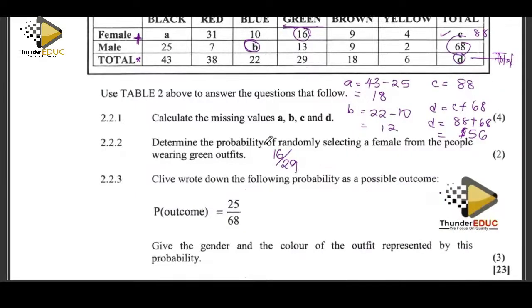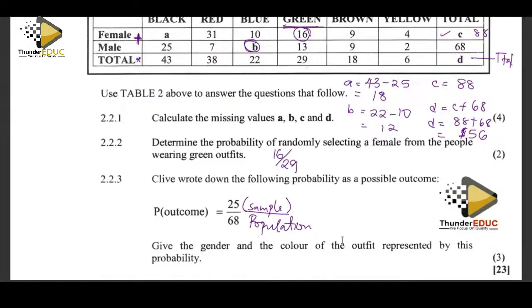Clive wrote down the following probability as a possible outcome. It says outcome, so give the gender and the color. Now, ask yourself, this is what? Sample over what we call the population. Which total do we have here?